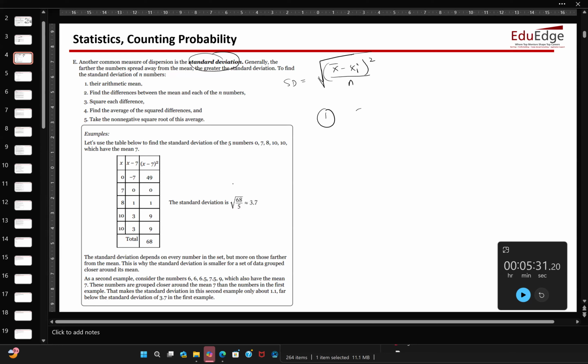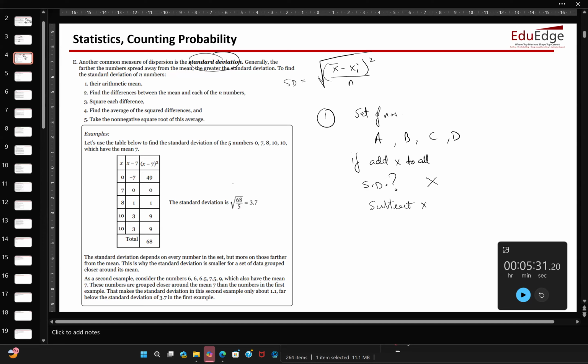Suppose we are given a set of numbers, a, b, c, d. If I add x to all, what is the change in standard deviation? Nothing. Exactly nothing. If I subtract, nothing.